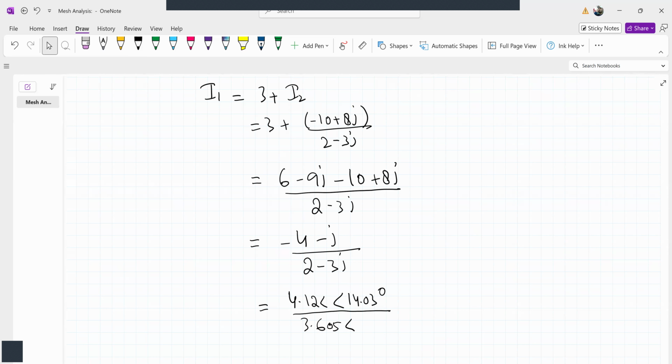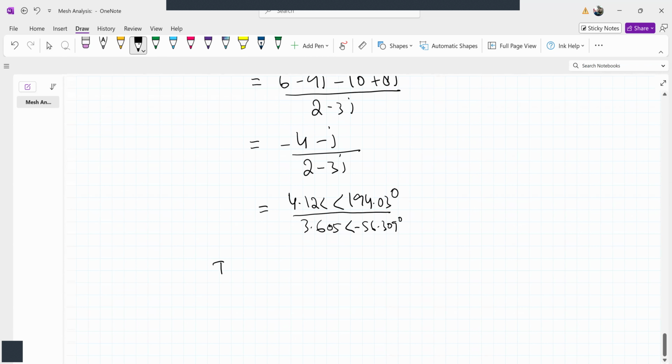I think the earlier angle was incorrect, because this is in the third quadrant, so it will be tan inverse of 1 divided by 4 plus 180, which should be 194.03 degrees. And the denominator angle is tan inverse of minus 3 divided by 2, that is minus 56.309 degrees.